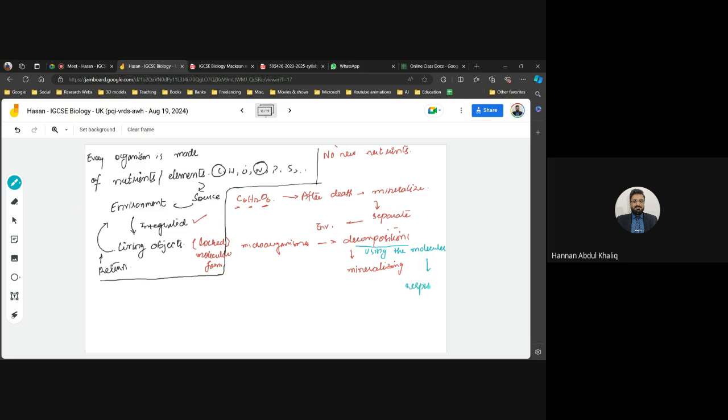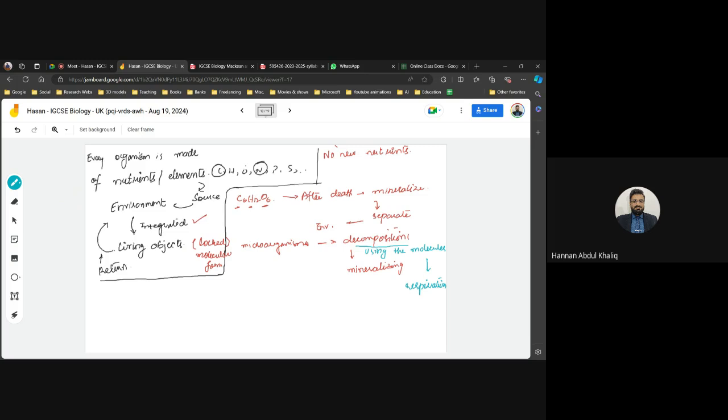Let's say a fungus decomposes a dead plant body.